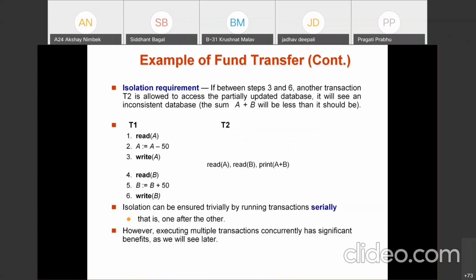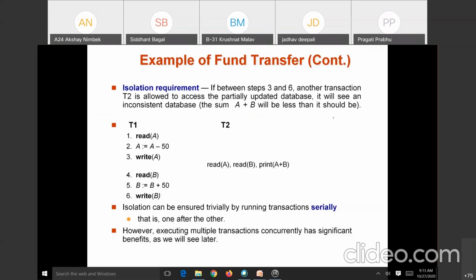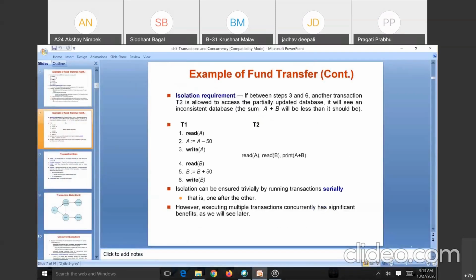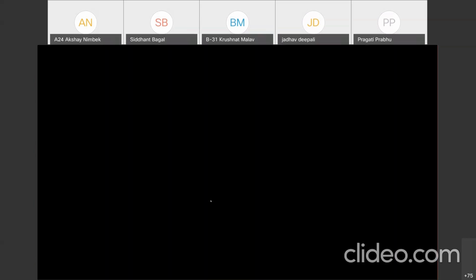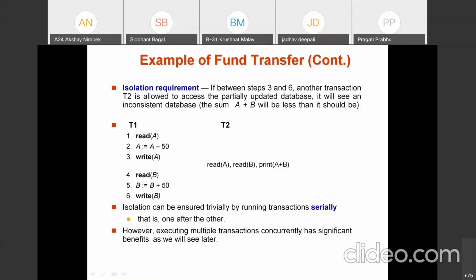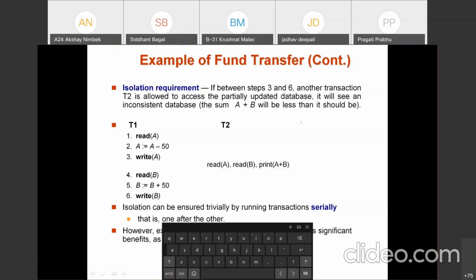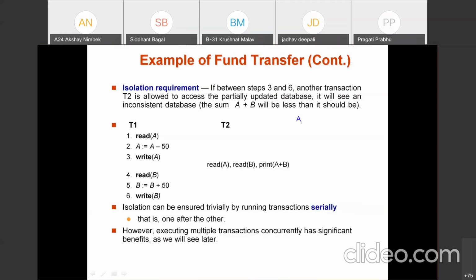So in this case, we consider that initially A has value 1000 and B has value 2000.